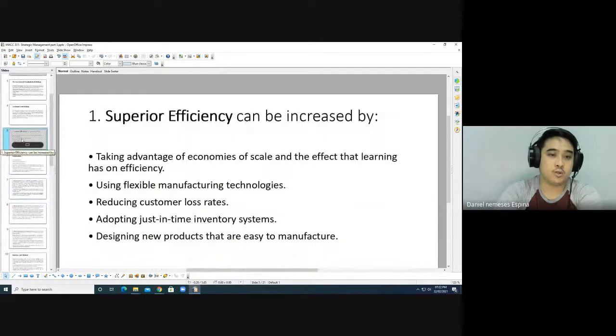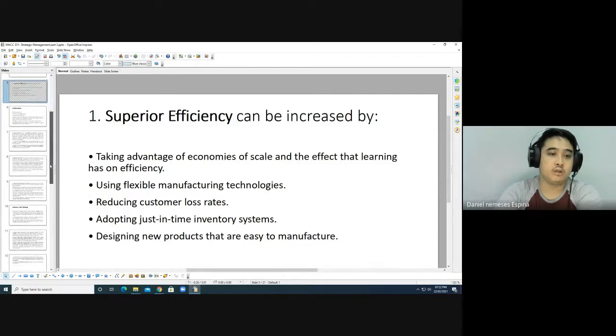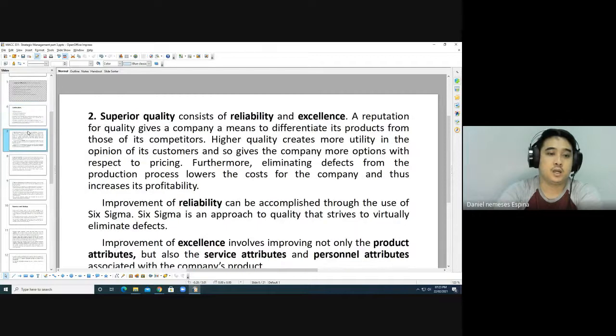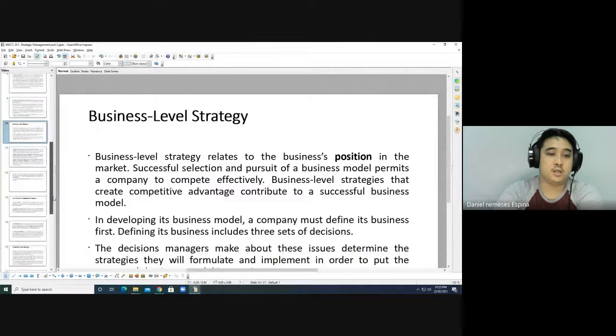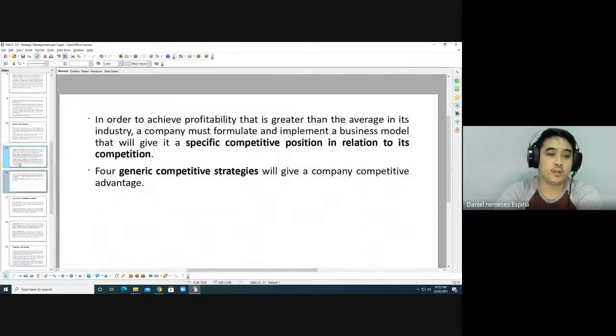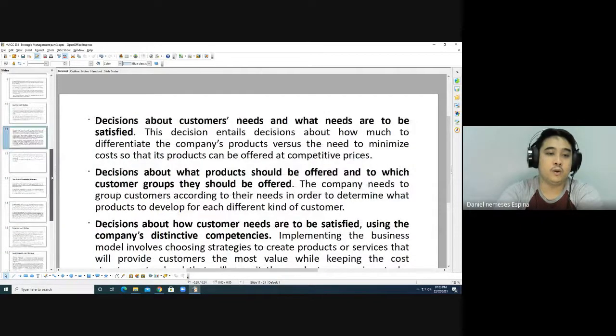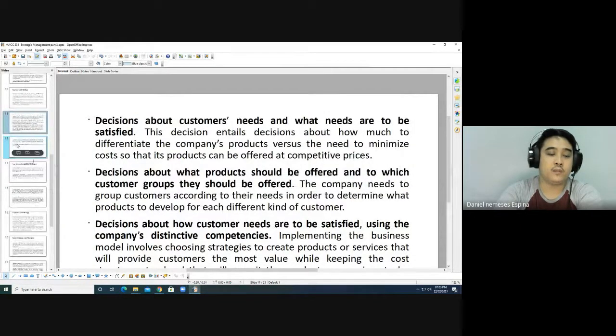In the functional, we also discussed the four goals: superior efficiency, superior quality, superior innovation, and superior responsiveness. Then for business level strategy, we discussed how the business will position itself in the market, and what decisions are needed to come up with a fitting business model.